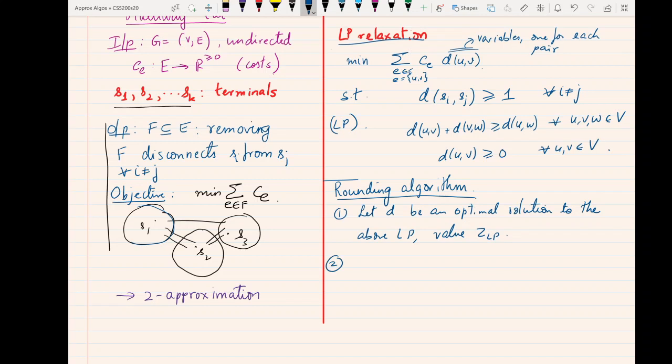Like before, we are going to pick a random radius. And now instead of picking the radius in 0, 1, we are going to pick it in the open interval 0, half, where half is not included. We will see in a moment why this is useful to do.